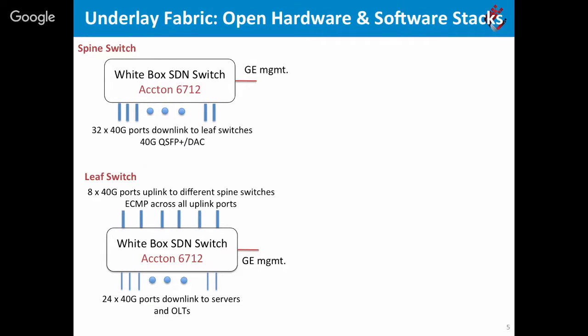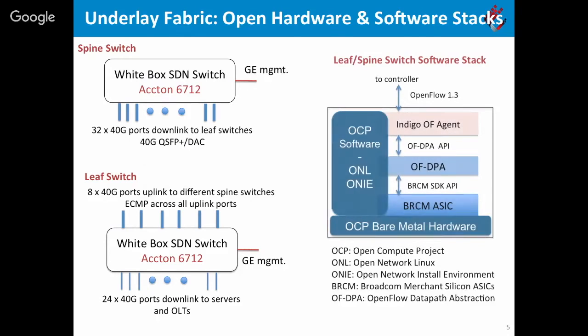You could use 10G hardware. You could use hardware from a different vendor. It's all good. What happens is that the software stack is exactly the same, whether it's a leaf switch or a spine, irrespective of the port speed or which vendor you're using for your bare metal hardware.